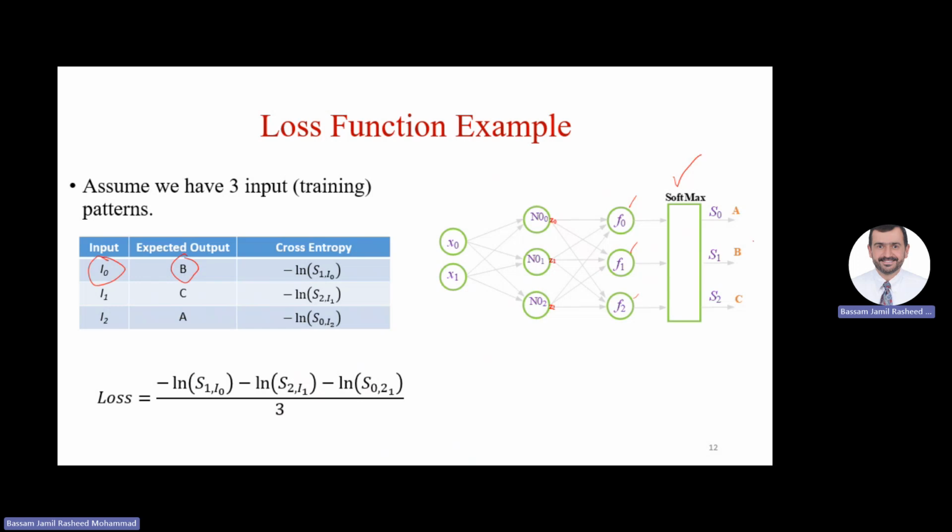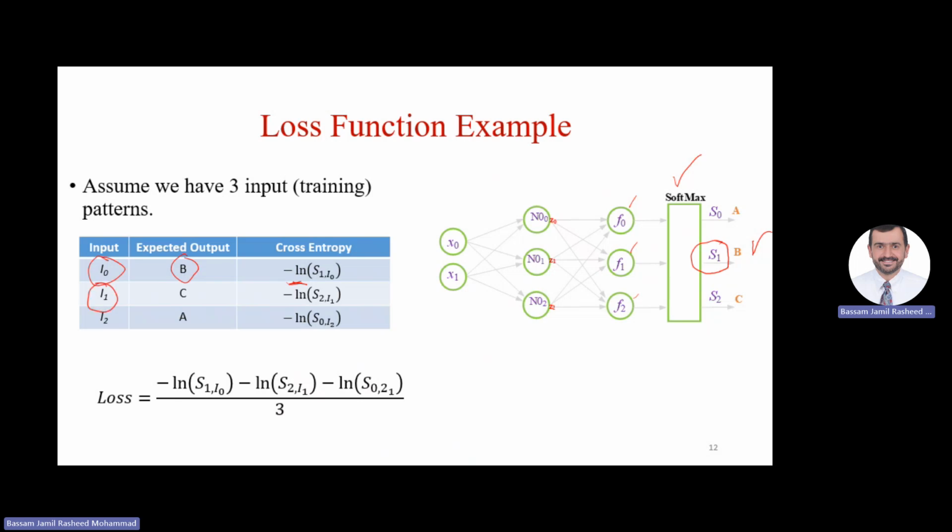For the first pattern, B is correct. Then the cross entropy function says that your loss is equal to minus ln S1. Why S1? Because it corresponds to the correct output. That's for the first input pattern.